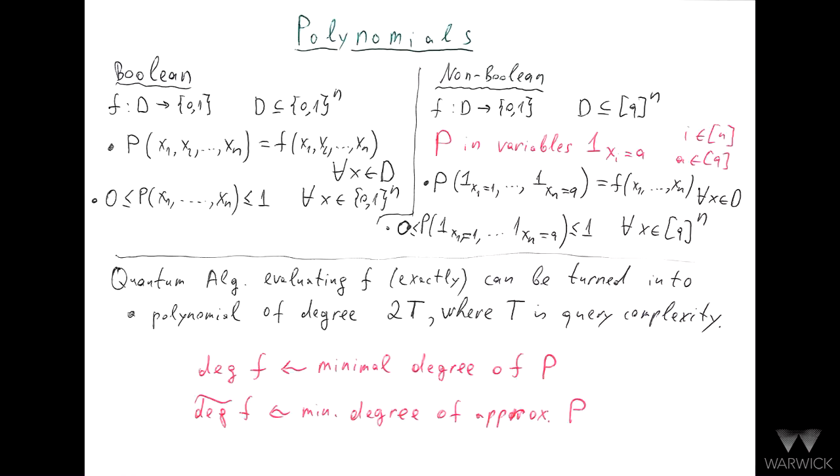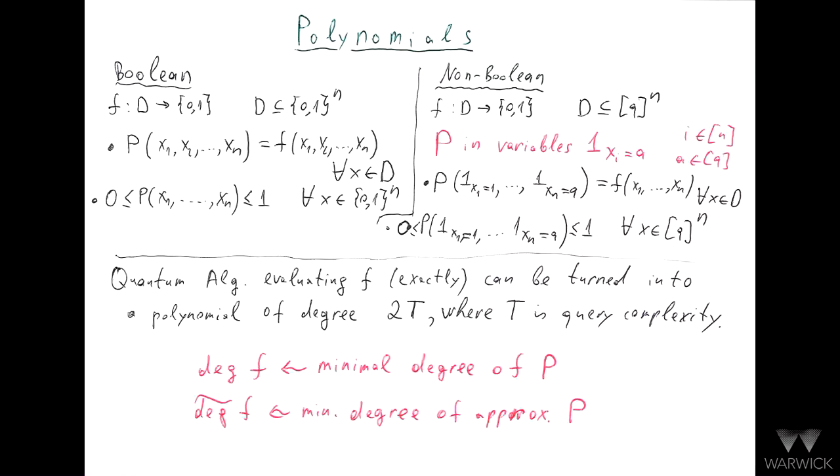It's 0 if all the input variables are equal to 0, and 1 if exactly one xi is equal to 1 and everything else is 0. In other words, the Hamming weight is equal to exactly 1. It's a partial function, not defined otherwise. Let me have this as a running example.